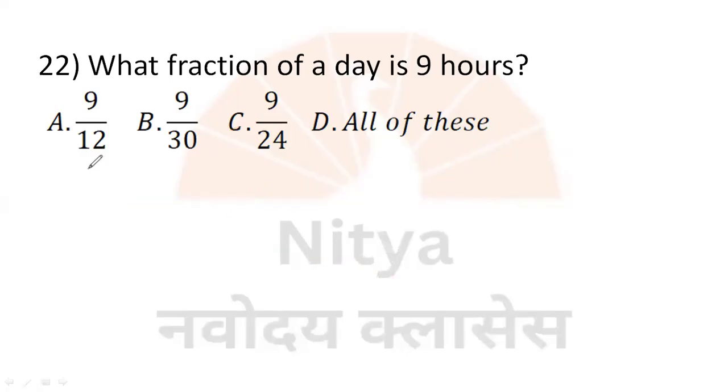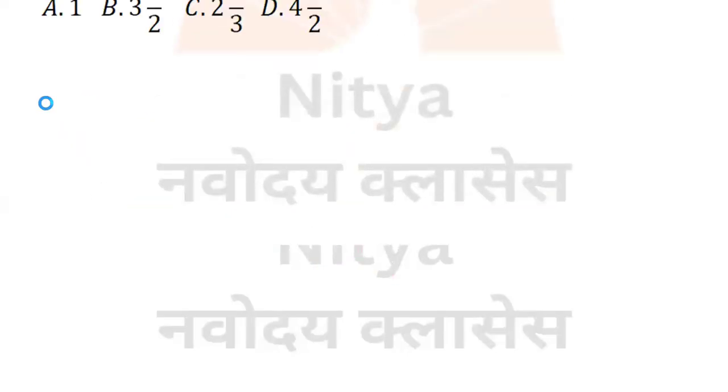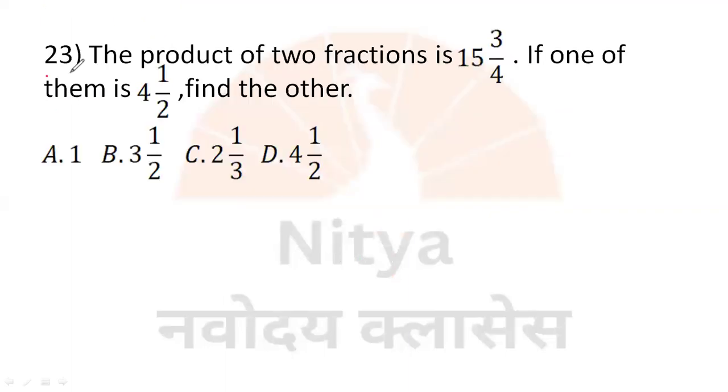Question 23. The product of two fractions is 15 and 3/4. If one of them is 4 and 1/2, find the other. There is a formula: first number times second number equals the product.